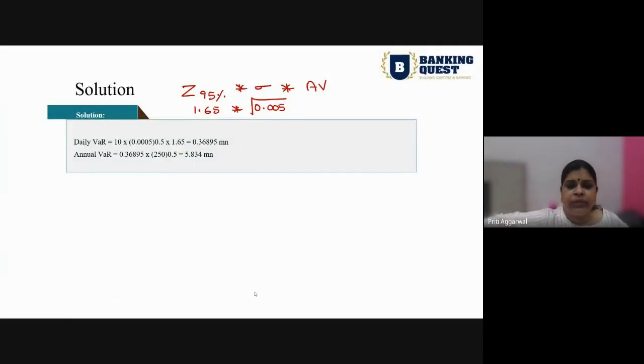So what we have done over here is, 1.65 is your Z score, and the standard deviation is the square root of the variance, into your asset value, that is 10 million USD. So you get a daily VAR of 0.36895 million.